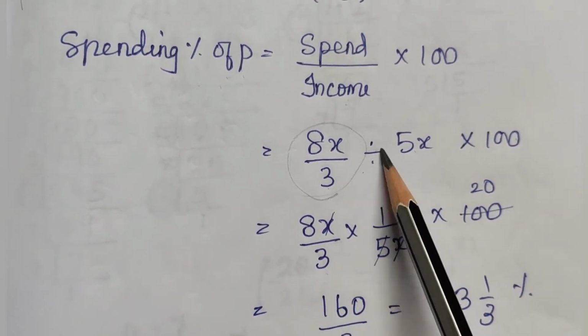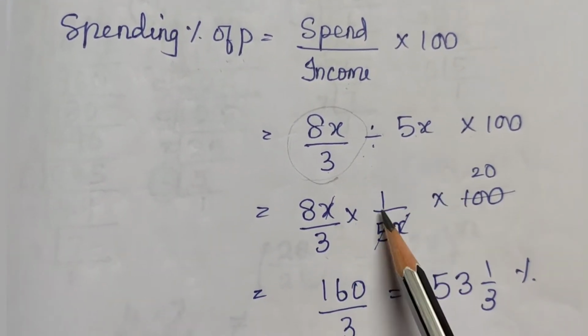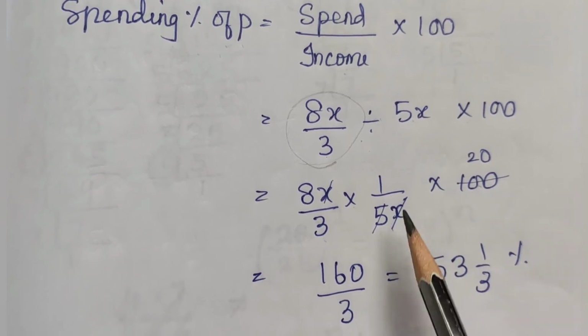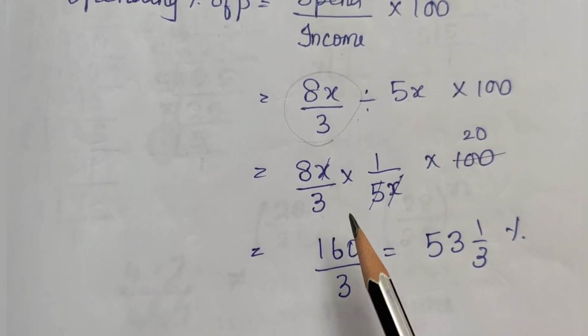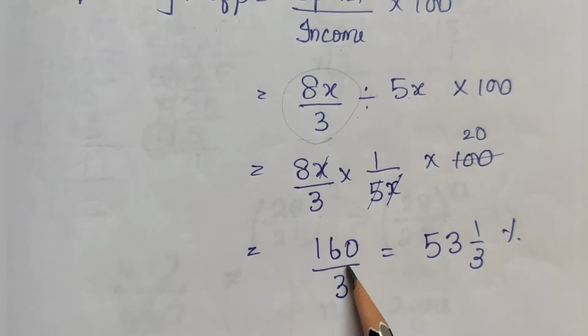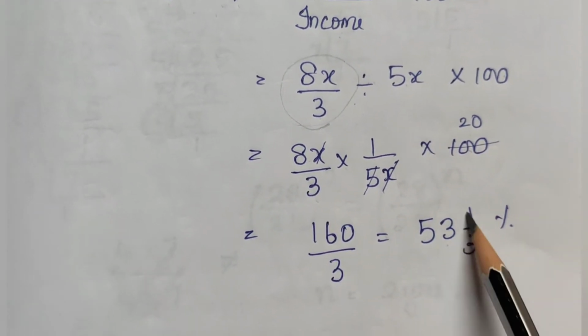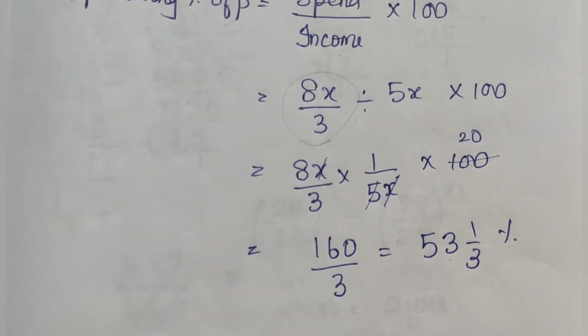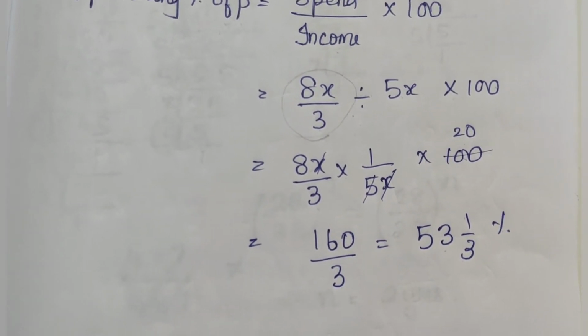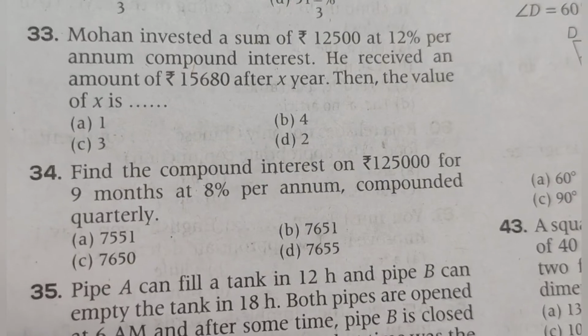So, 8x by 3, division becomes multiplication, 5x becomes 1 by 5x, into 100. So, x cancels, 5 goes in 100 twenty times. So, we get 8 into 20, 160 by 3, which is 53 1/3%. So, spending percentage of P is 53 1/3%.